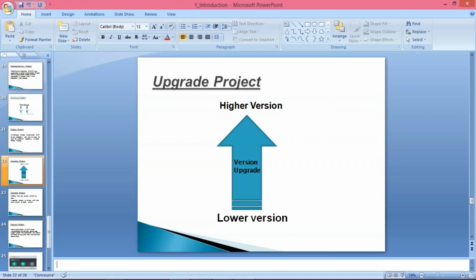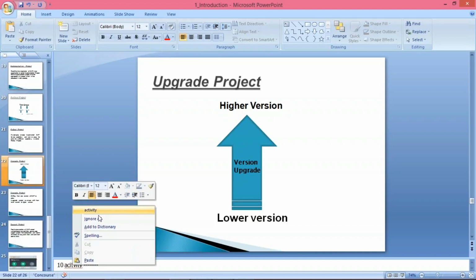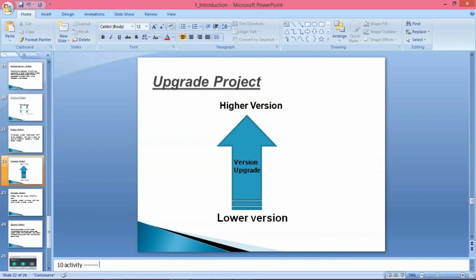Let's suppose in their previous version they are able to perform 10 different kinds of activities, and in the new version SAP says that five additional activities will be there. Okay, so 5 additional activities will be there.